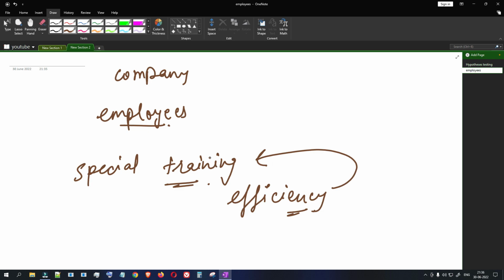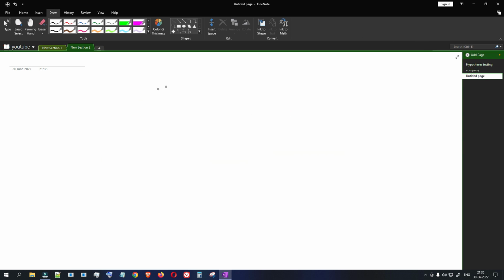What was the efficiency before training and what is the efficiency after training? Because if there is no change in their efficiency even after the training, then there is no point in giving training which is taking all our expenses, our efforts, cost. So why would we increase these factors unnecessarily if there is no effect of all these things? So that's the point.